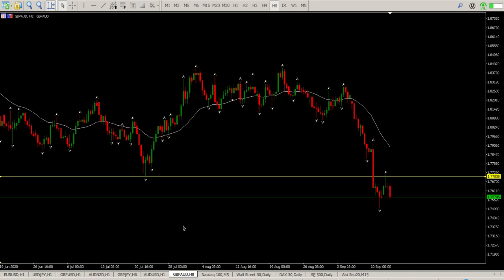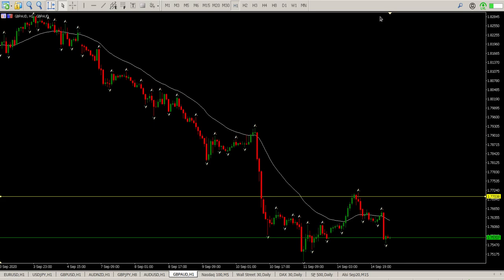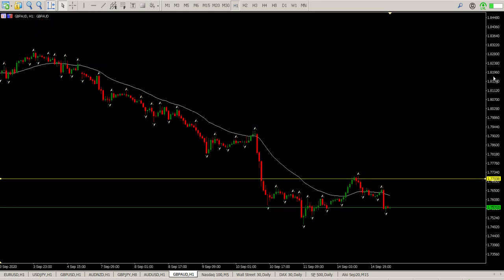Okay, British pound, Aussie dollar, last pair. Again, we have Brexit noise at the moment, bit of confusion here, tails to the downside, tails to the upside, which is basically giving us confusion, big up, big down, big confusion. If we come back to the 1 hour here, this is pretty similar to the pound USD, where we've got what looks to be a range setting up.